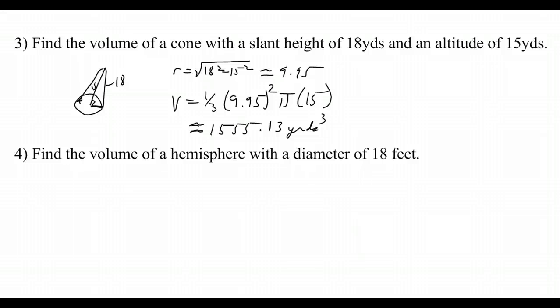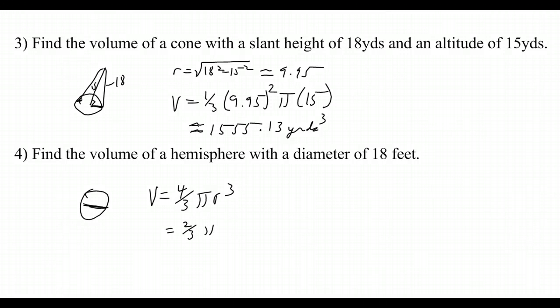Number 4, find the volume of a hemisphere with a diameter of 18. Remember, a hemisphere is half of a sphere, so I just need half of it. And remember, the volume of a sphere is 4/3 pi r cubed, and so what I need is half of that, so I need 2/3 pi r cubed for a hemisphere.